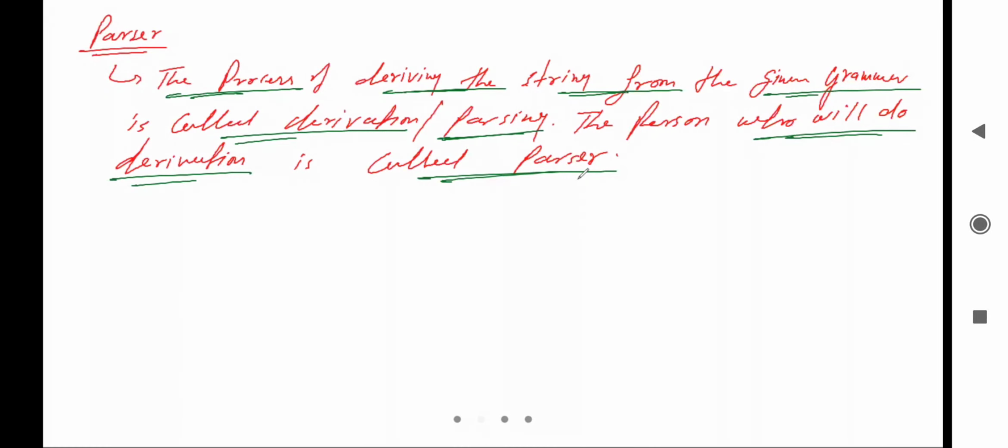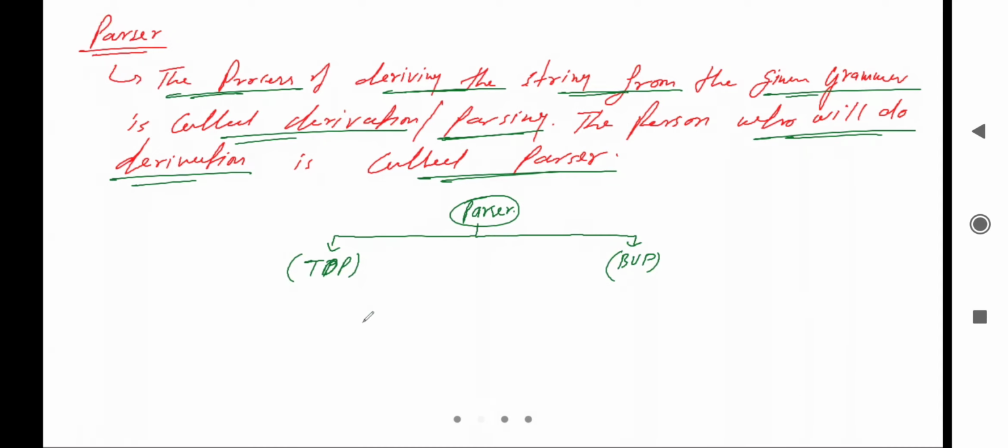Then what are the types of parsers? Let's see. So parsers, we can say, can be top down parser, or it can be bottom up parser, right?